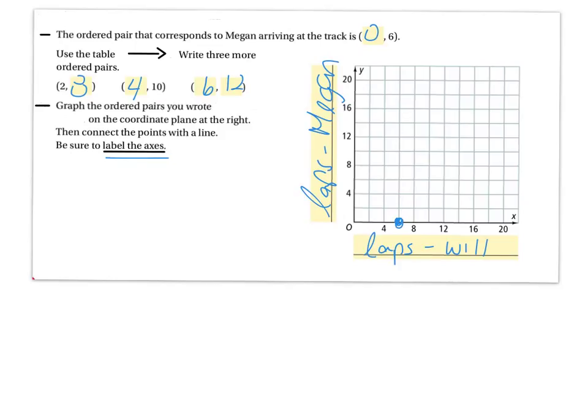When Will was at 8 laps, Megan was at 2. When Will was at 10 laps, Megan was at 4. And then we have 12 and 6. So as you can see, we have a linear graph here.